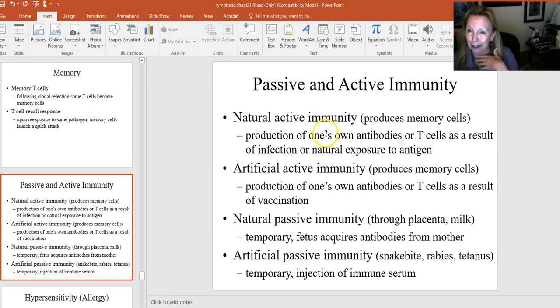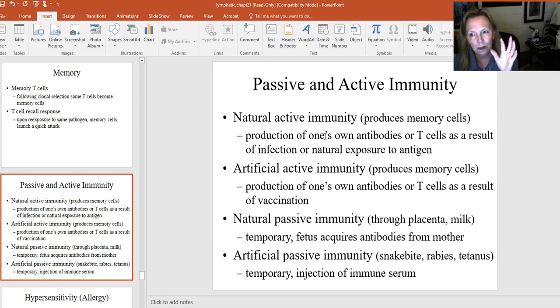I have immunity to measles because I had measles. This was before immunizations. I had it. Yeah, I'm that old. And I survived it. You know, not all did, but I did. And so I have natural active immunity to that. But measles hurts. It can actually hurt your immune system for a couple of decades, even if you've survived it.